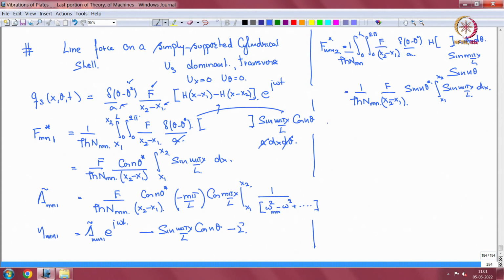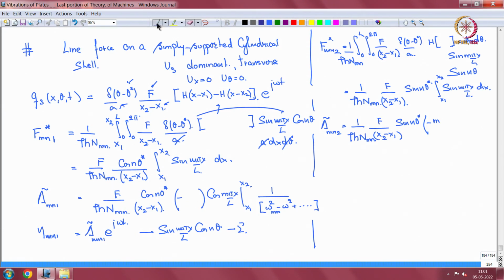Okay. So then straight away gamma mn2 is equal to 1 over rho h n m n, f over x2 minus x1, sine n theta star, minus... so this should be, yes, sorry, L over m pi.